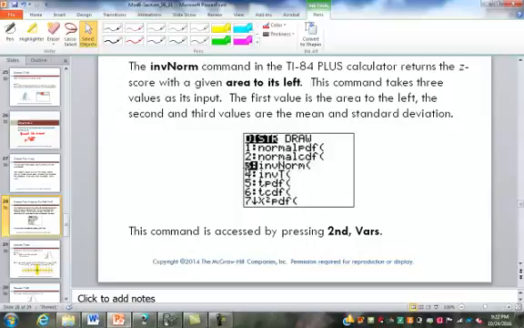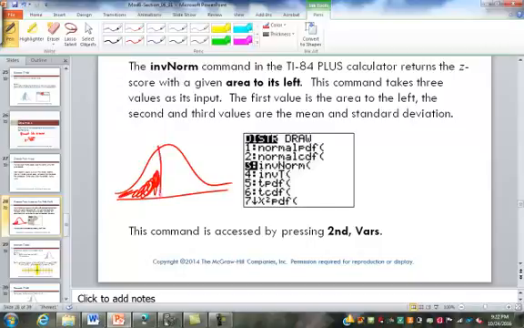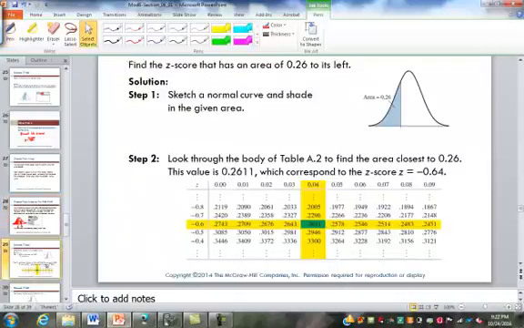What the inverse normal command is saying is, looking at a curve here, if we put in the probability, the area under the curve here, it'll tell us what value is at this end here. This is that z-score, that value. So we put in this area, and it tells us what z-score, what value is above it. So if it's that area, it'll give us this z-score. If it's this area, it'll give us this z-score here, which is what the table will do.